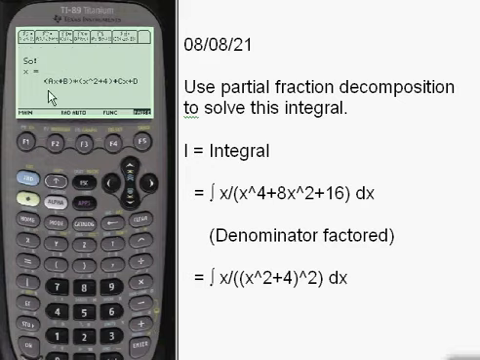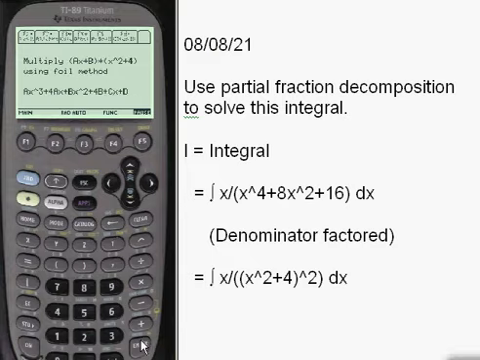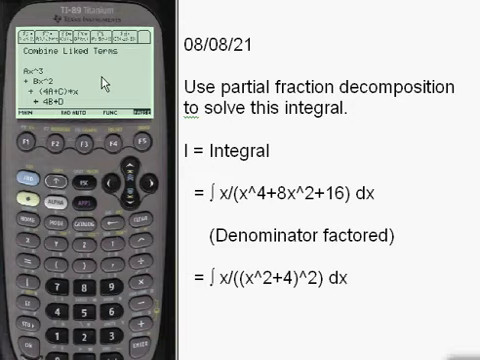And so we put it together here. Now we multiply ax plus b times x squared plus 4 using the FOIL method. We come up with this. We combine like terms and get x squared, etc. Write everything you see on your paper.